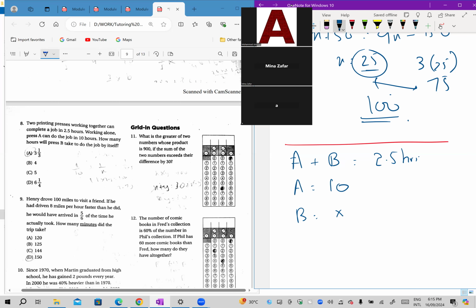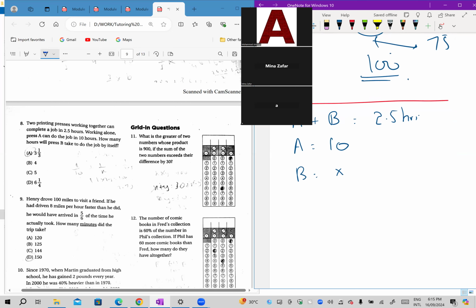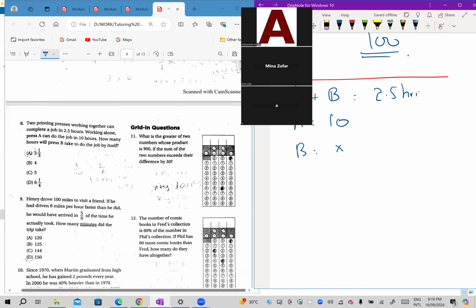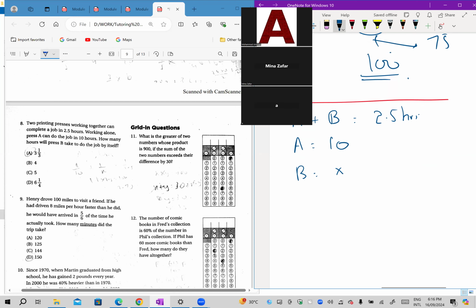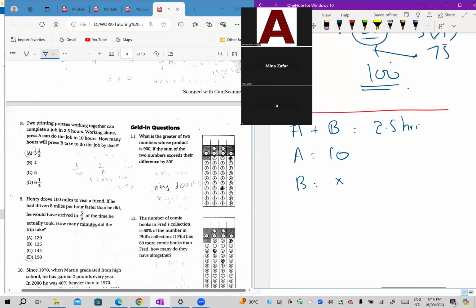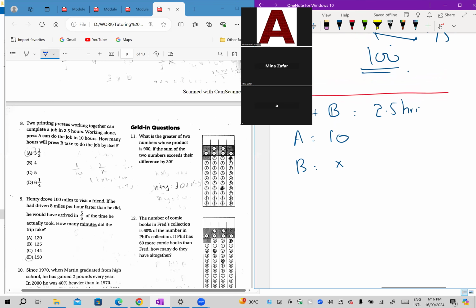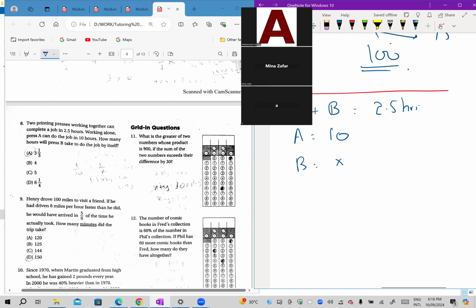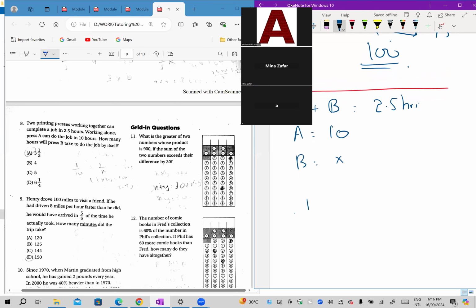Acha. Now, let's quantize this entire thing in a way so we can get accurate answers. We need to see how much time B will take. To make it simple, if a job gets completed in 1 hour, and together they take 2.5 hours, the expression we'll get is 1 over 2.5.